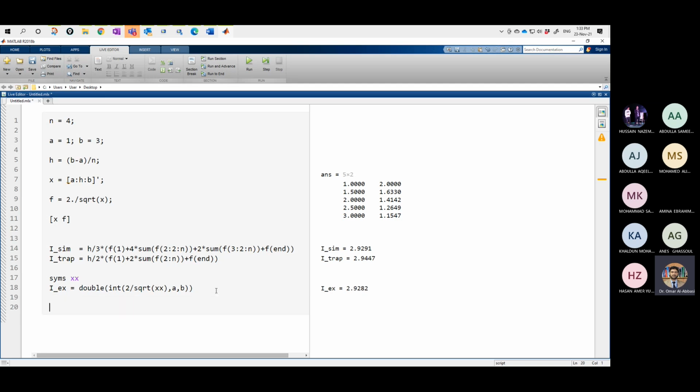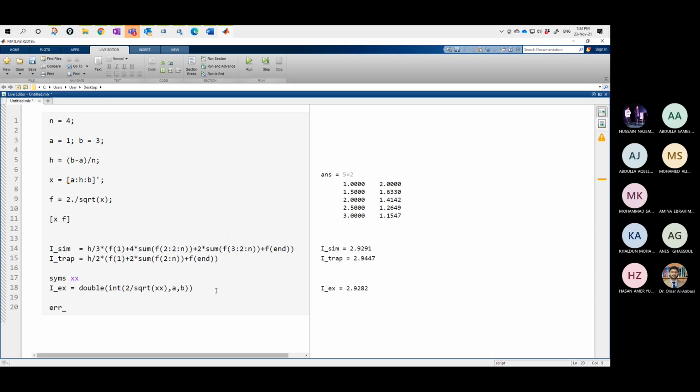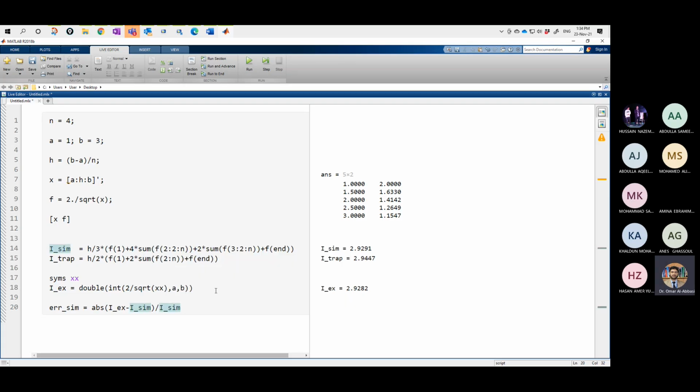So how can we calculate the error? Error Simpson: absolute value of I exact minus I Simpson divided by times 100, the same thing as error for the trapezoidal. Doctor, we used to divide it by the exact value.